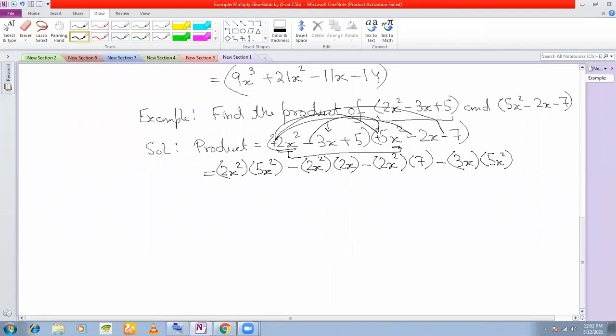Next, this minus sign will combine with this minus sign to give you a plus 3x into 2x. And then this minus sign will combine with this minus sign to give you a plus sign 3x into 7. Next, this plus sign will combine with this plus sign to give you a plus 5 into 5x square.